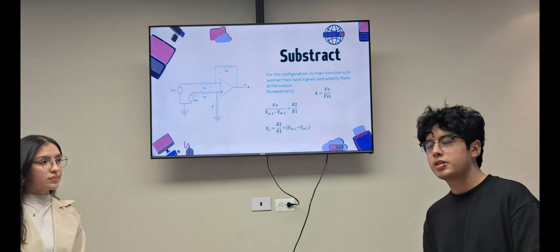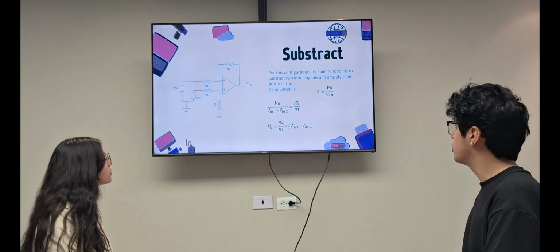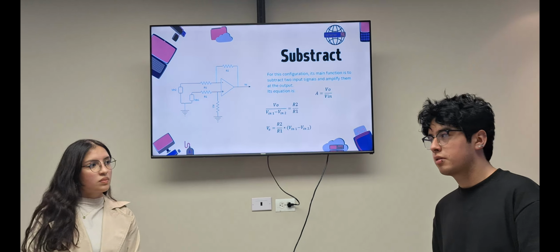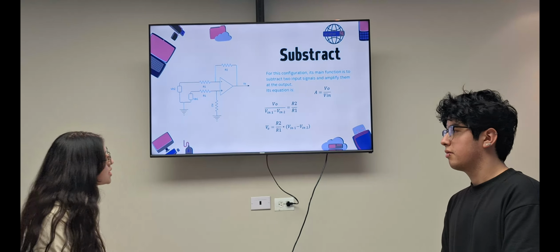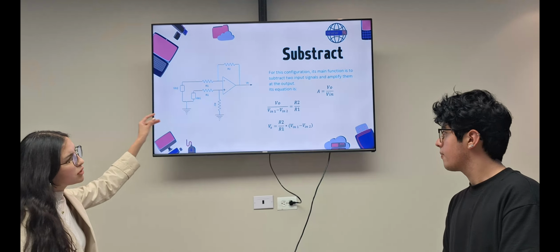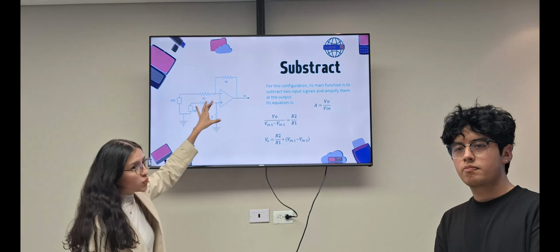And the second amplifier is a subtractor. For this configuration, its main function is to subtract 2 input signals and amplify the result at the output. As you can see, we have the voltage signals getting into this amplifier through the 2 channels.